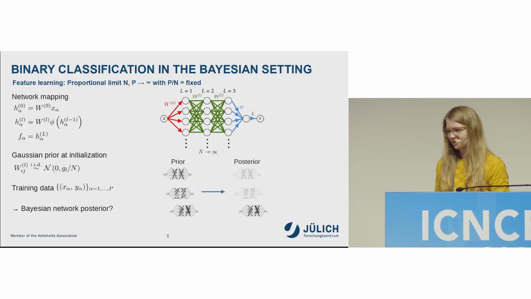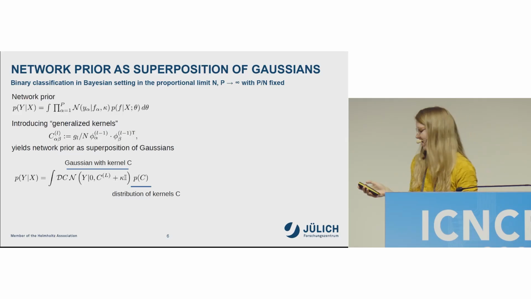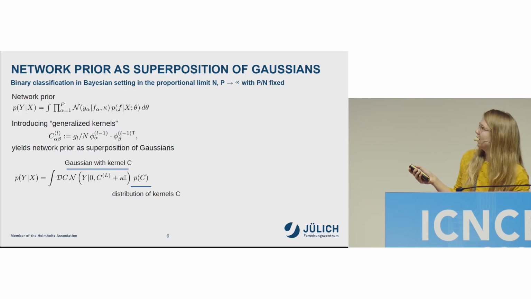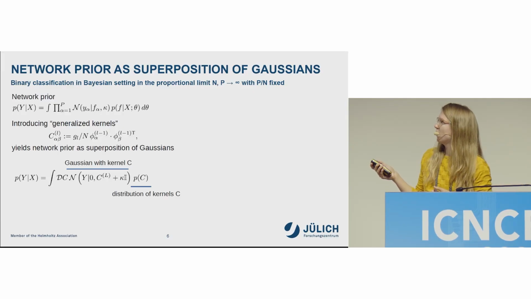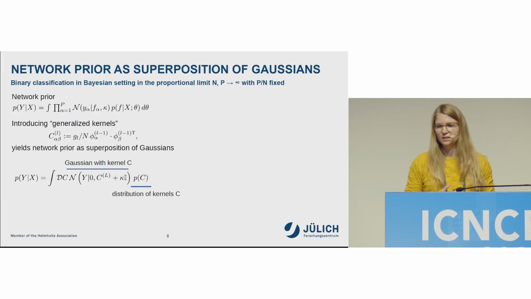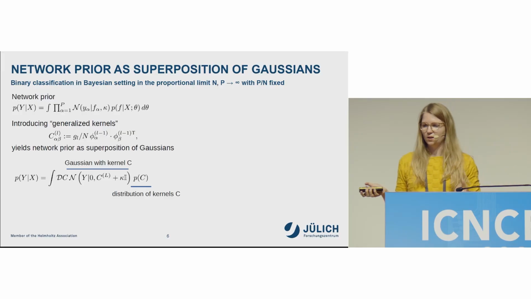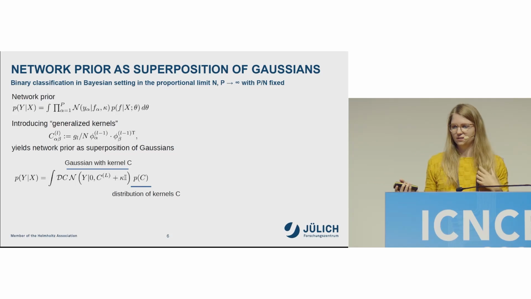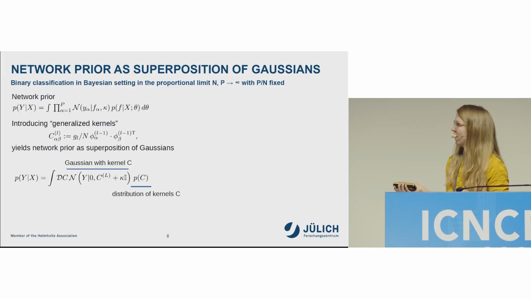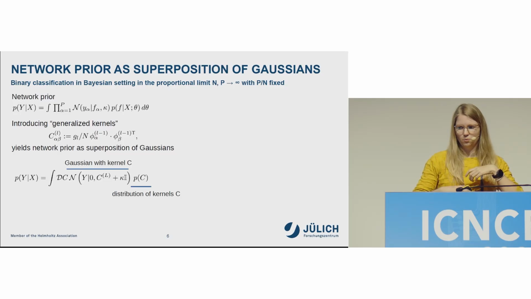Okay, now to get the Bayesian network posterior, we start actually by computing the network prior. And this we do by computing the distribution of the network outputs by taking the average over the network parameters theta. And when doing so, what appears as natural order parameters are what I call here some kind of generalized kernel, and this allows us to write the network prior purely in a kernel view, where the network prior is given as a superposition of Gaussians.